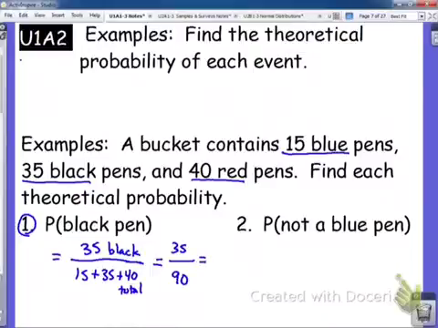Now we can write that as a reduced fraction. We can write it as a decimal. For now, I'm interested in just 35 over 90 and also writing that as a decimal. So 35 divided by 90 is 0.38 repeating. So if it's 0.388888, this actually becomes 0.39.